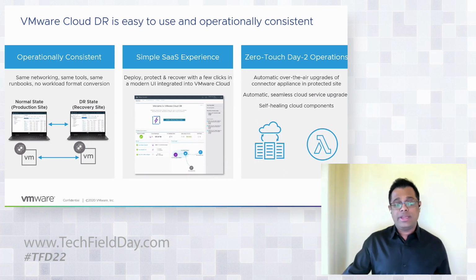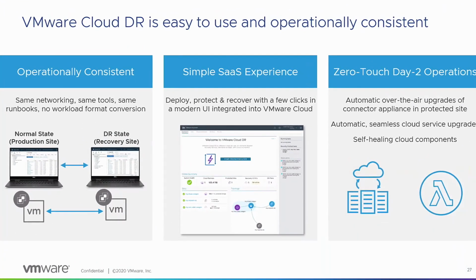So the initial deployment is pretty much just deploying an OVF for the DRaaS connector on your on-prem environment and registering it as a protected site with your VMware Cloud DR portal or UI. But even in terms of day two operations, it's all automated, right? Not only are the cloud components upgraded and maintained automatically as part of our regular upgrade cycle, they are also self-healing, so that if a component goes down, it brings itself back up.